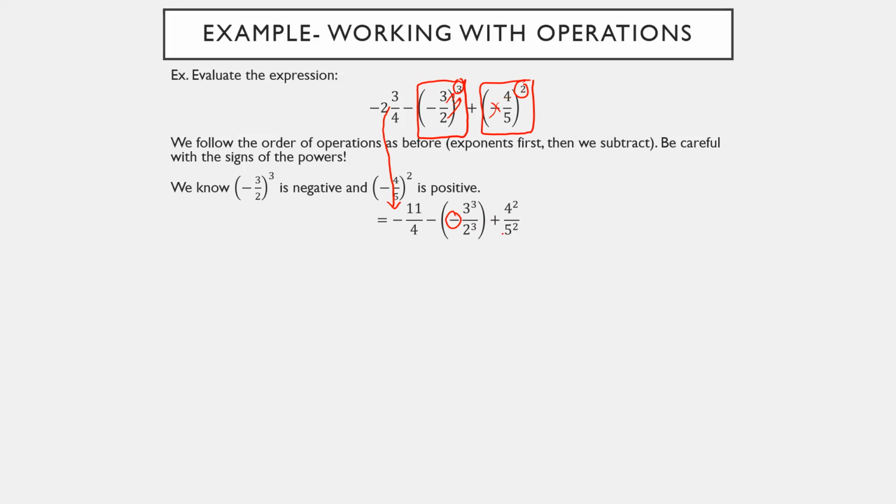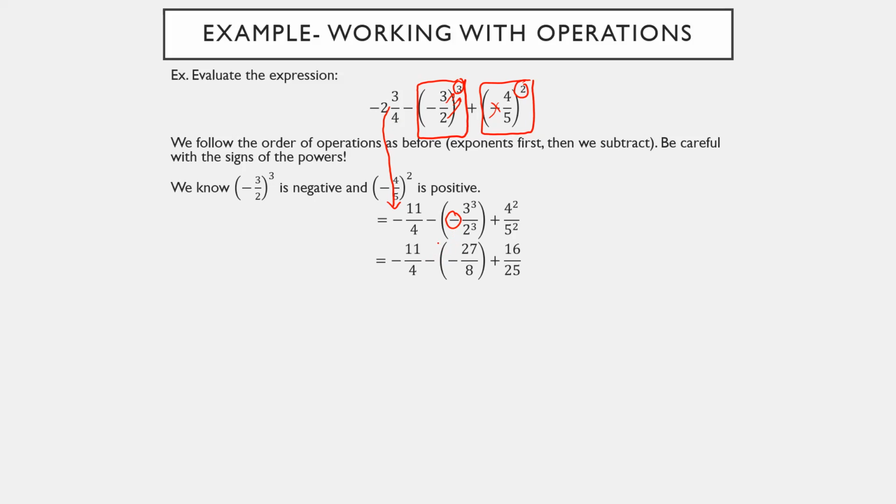So our next step, let's just try to simplify as much as we can. Go step by step here. So we know that 3 cubed is 27, 2 cubed is 8. So we're going to have -27/8 in the brackets. Keep in mind, those brackets are really important right now because we're subtracting a negative, right? So I make sure to not put the two signs next to each other to confuse you, right?